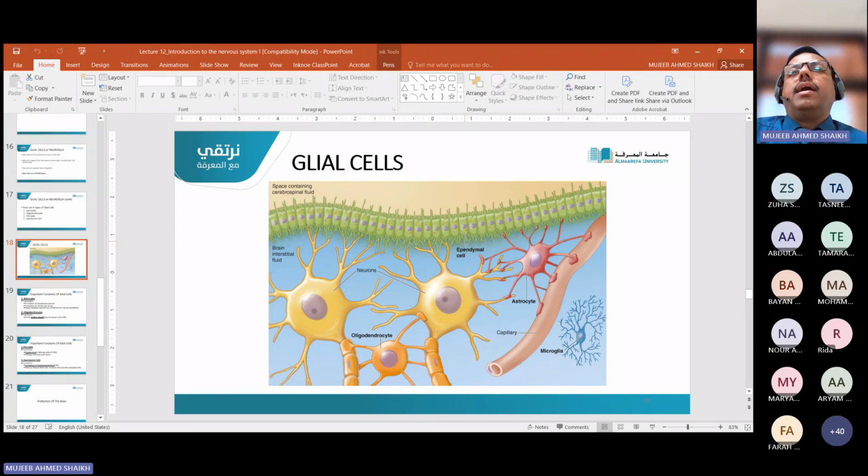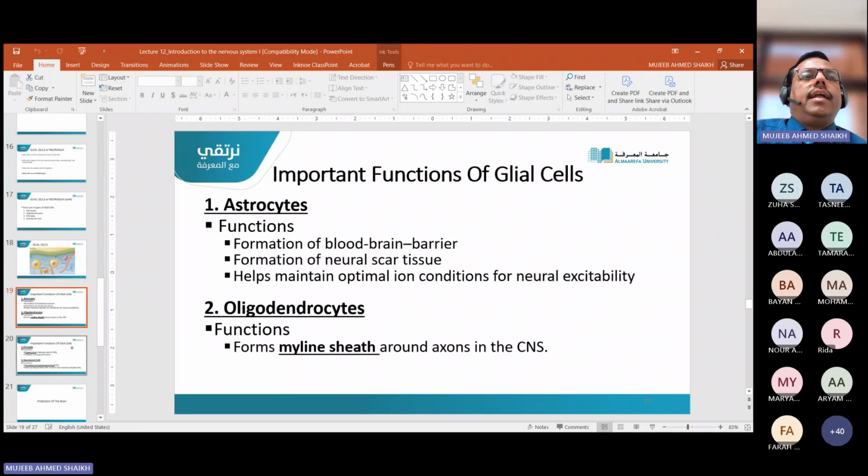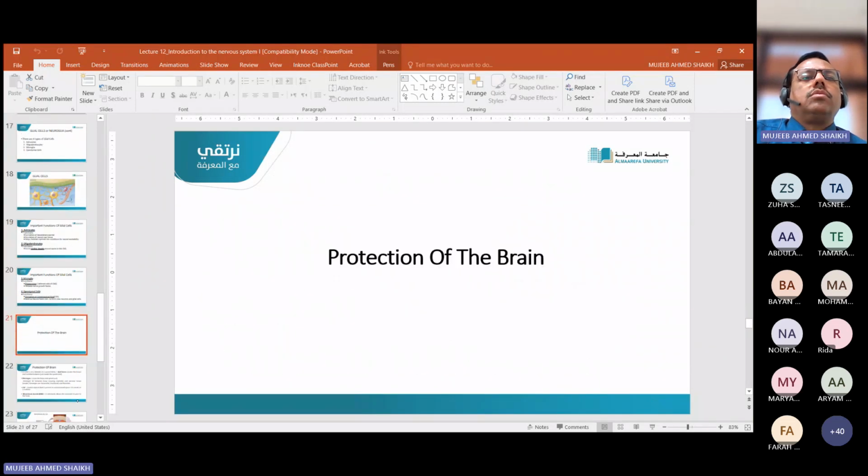Blood is coming through the capillaries and it is supplied to the ependymal cells and they will convert the blood into CSF. So basically, CSF is formed by the ependymal cells with the help of blood. Agreed? Or you still have doubt?